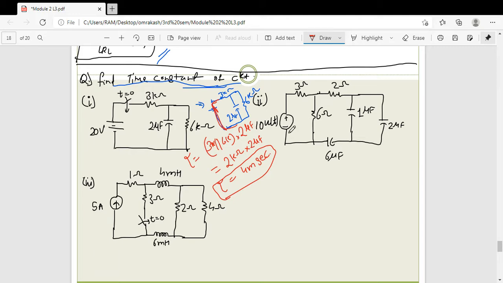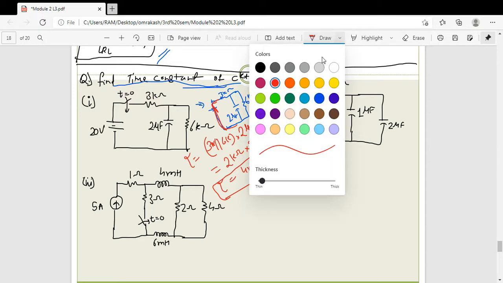Similarly, now see, here a switch is given to you, but in this question no switch is given, but the step response is given in this active source. With this active source, it means this circuit is able to find a transient response, right? So in a similar way, you have to find the time constant in that circuit.